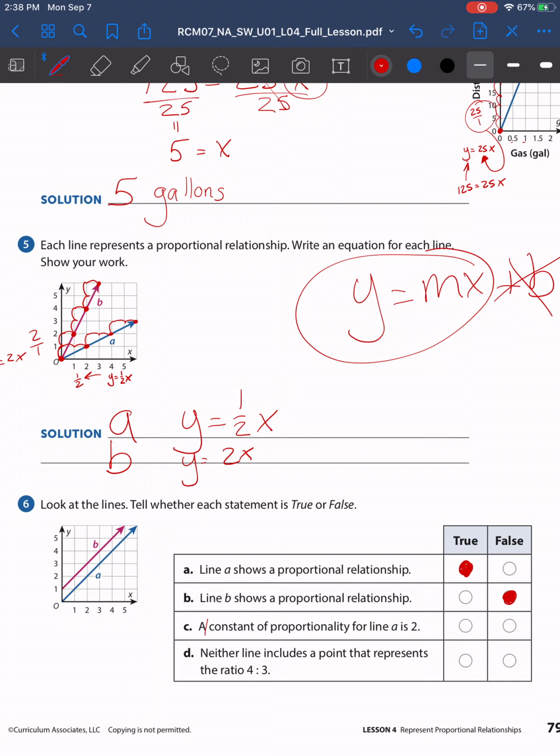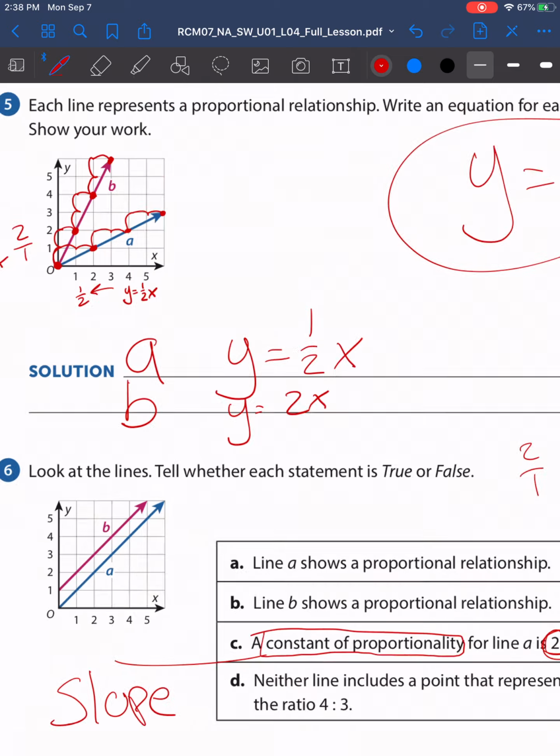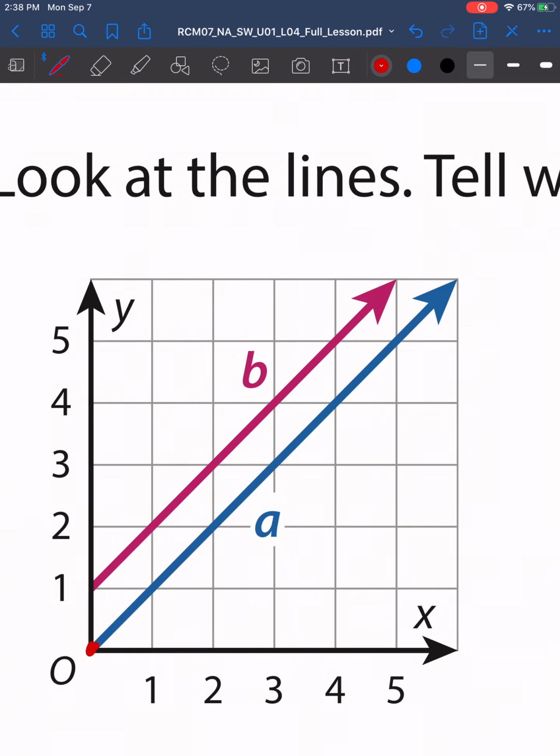Now remember, constant of proportionality means the same thing as what? Slope. Could I say the slope of line A is 2? That would mean it would be going up 2 over 1. Let's go see. Up 2 over 1.